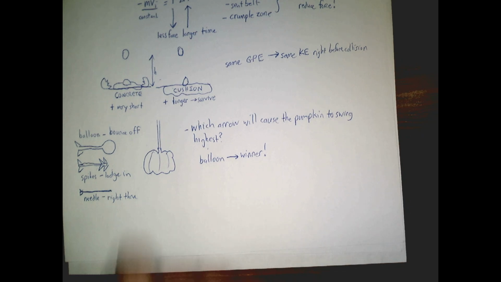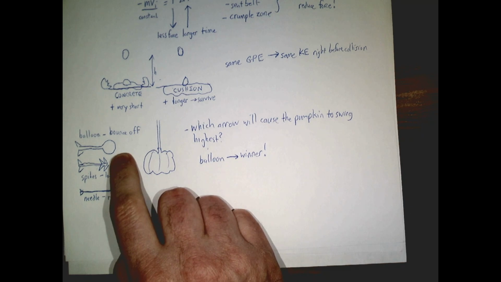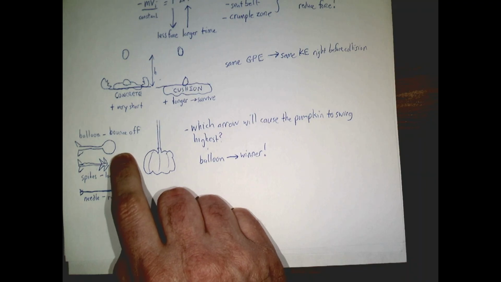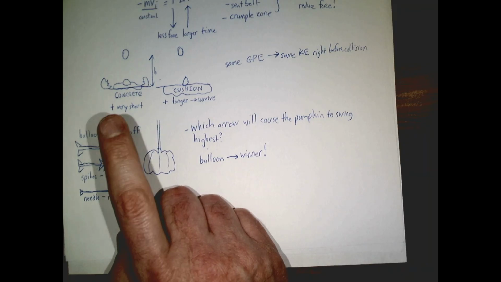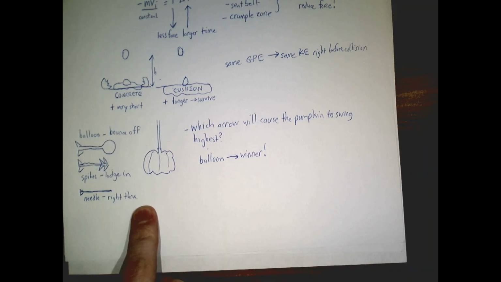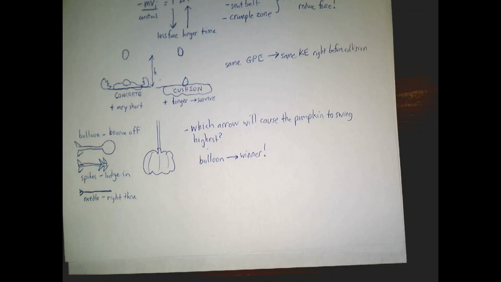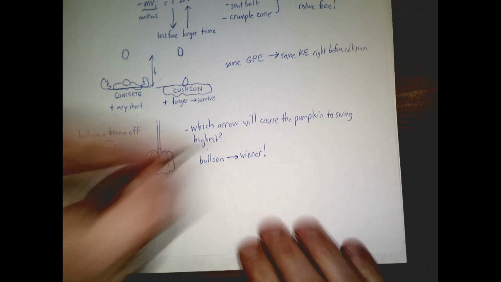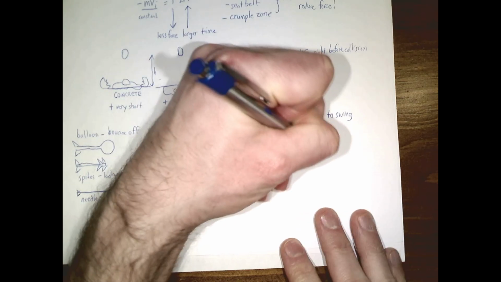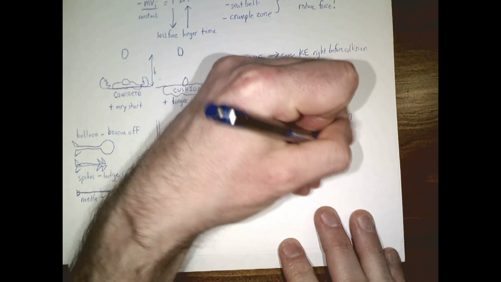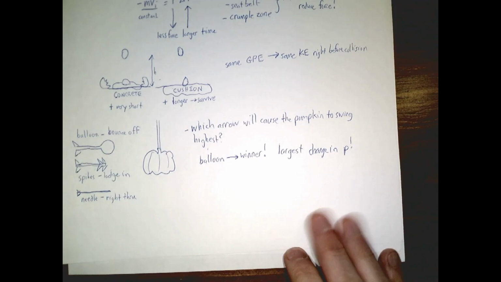It has nothing to do with the fact that it seems like it's a cushion here or something like that. We don't actually know anything about the forces or the times. All we know is that this bounces off, this lodges in, and this goes right through. We want to think about impulse as a change in momentum. It's the winner because it has the largest change in P, the largest impulse.